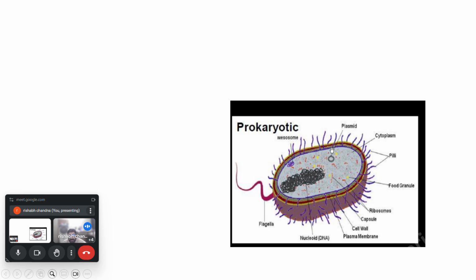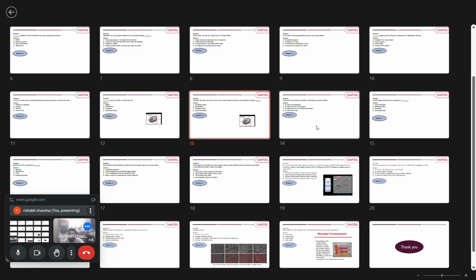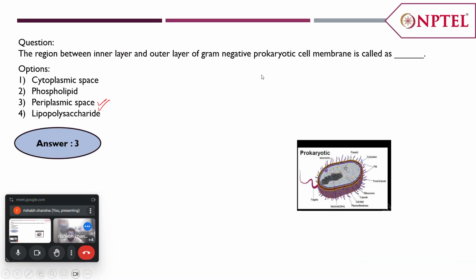So the region between the plasma membrane and the outer membrane, the region outside the cell wall and under the outer membrane, is called the periplasmic space. Sorry, so this is the outer membrane, this is the plasma membrane, and here comes the cell wall. So the region between these two layers is called the periplasmic space.